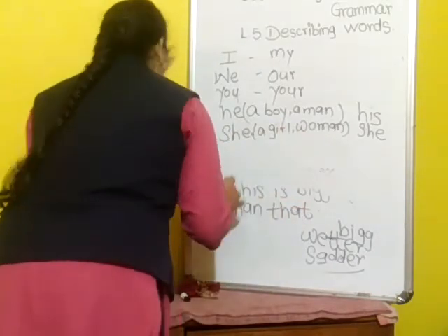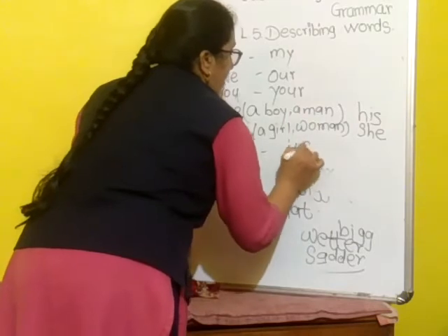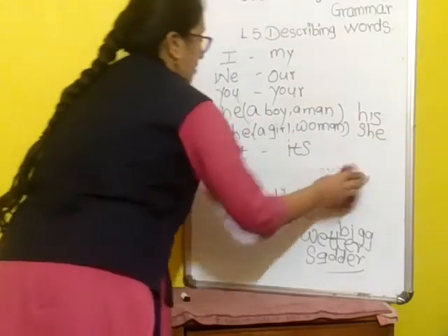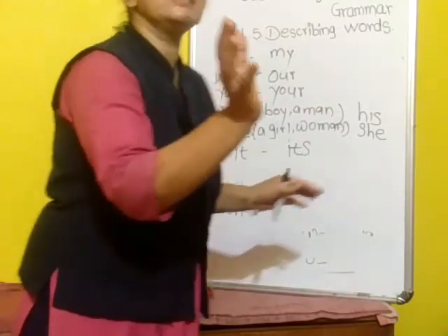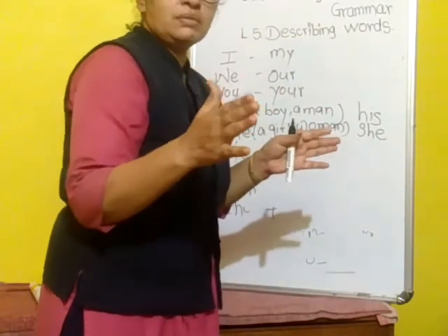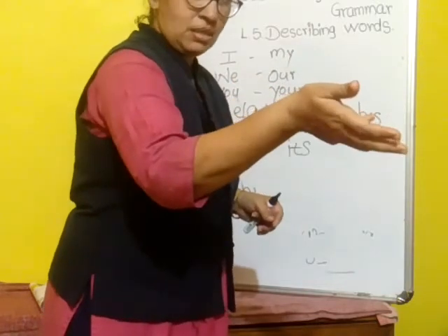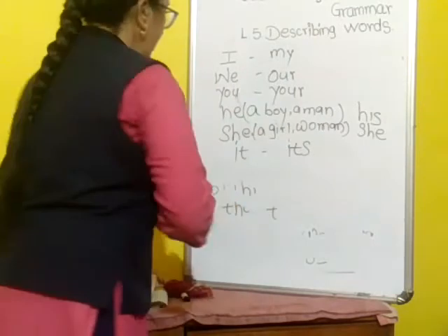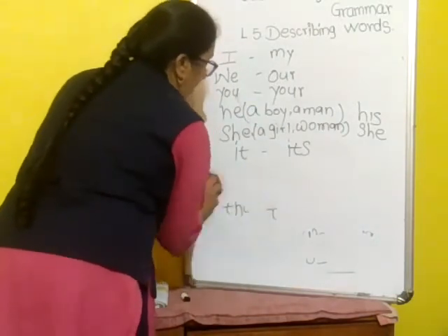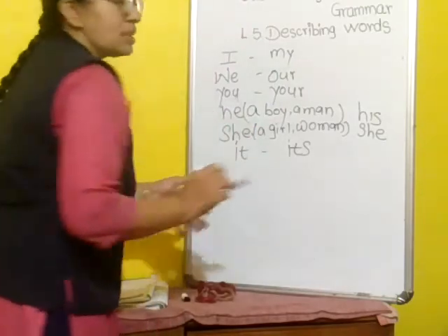The next is its. For it, we can use its. That is a dog and it has a belt. That is its belt. If any doggy is having a belt, we can say this is its belt.